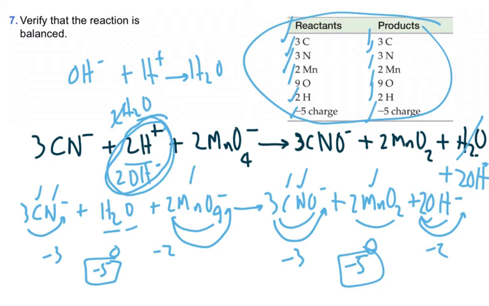So this answer in the blue would be the answer under basic conditions. The previous answer with the black ink would be the answer under acidic conditions. So what you do is you add hydroxides, and you could do this at the end, and that's how you convert from acidic to basic.